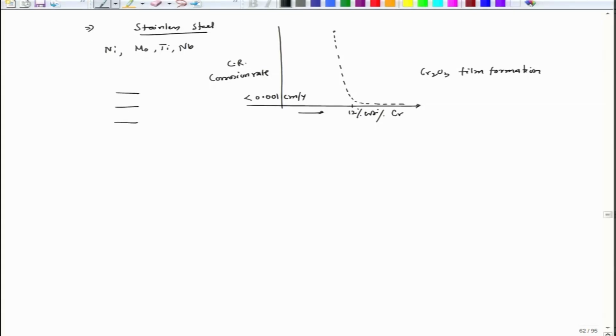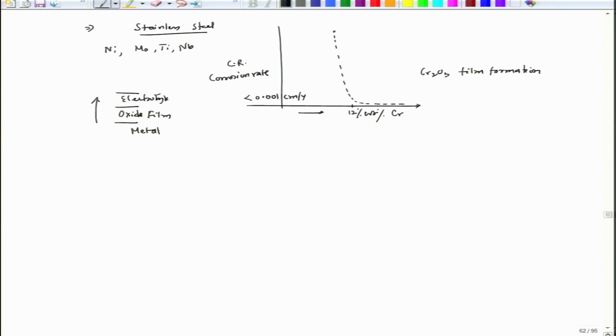So, we have interfaces. Here this is the oxide film, this is metal, this is electrolyte. Fine. In case of a porous film on top of the oxide film, we can have three interfaces. One interface will be oxide and porous film. So what happens?